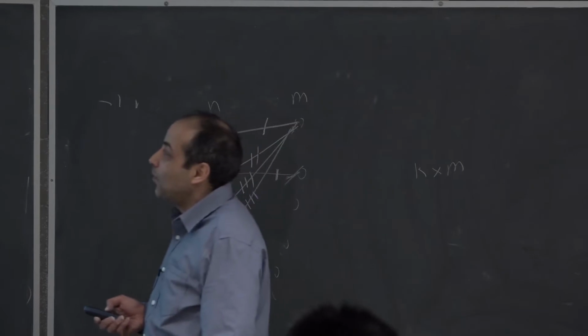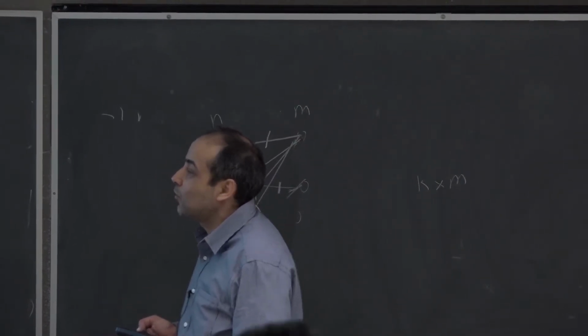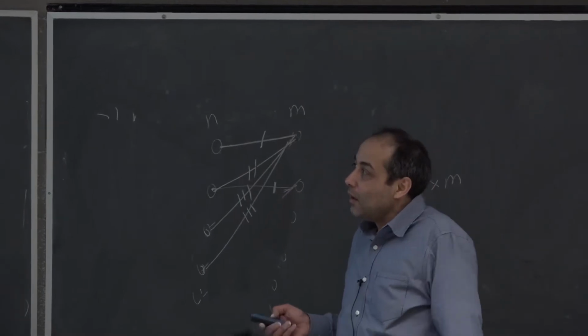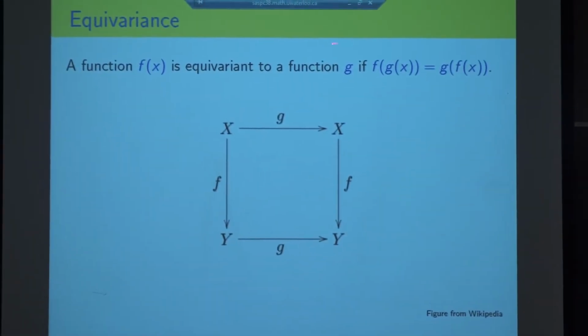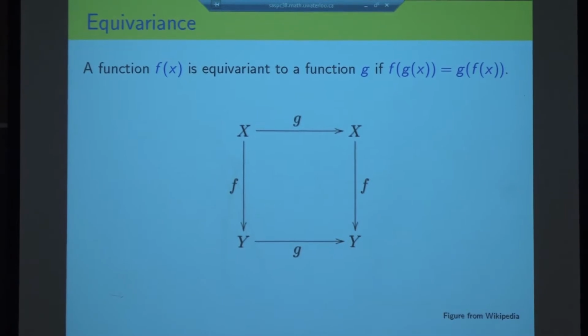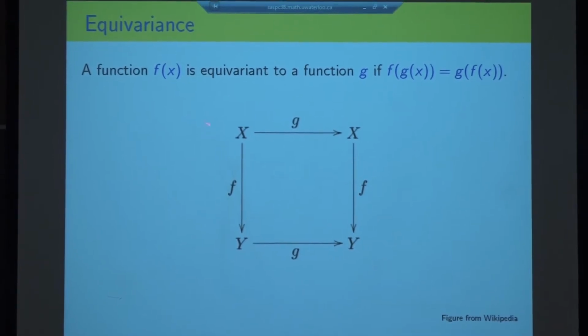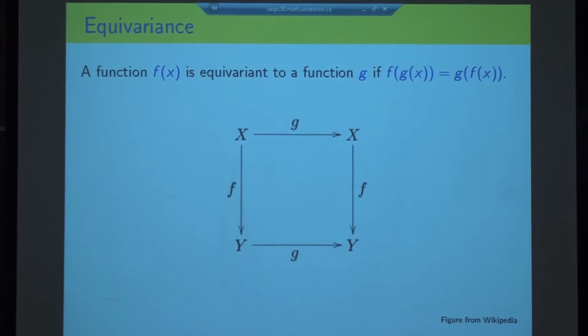An important property of convolutional neural networks is equivariance. If you have two functions, f and g, and f of g is the same as g of f, then you can say that f is equivariant to function g.